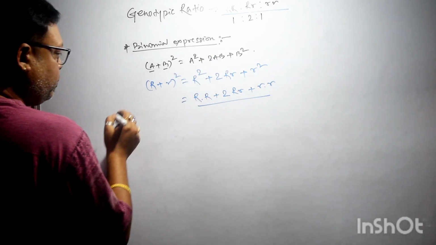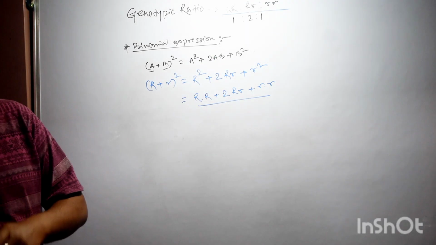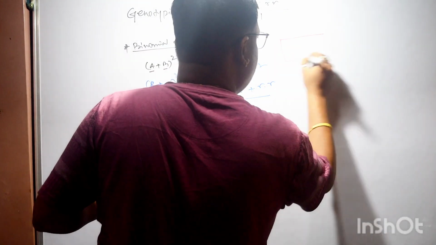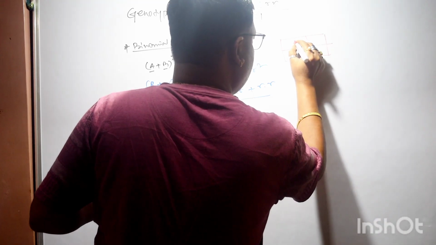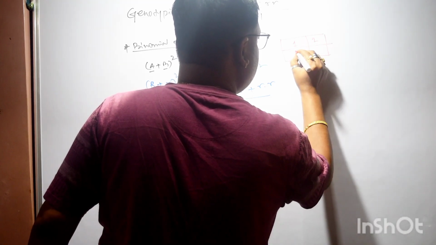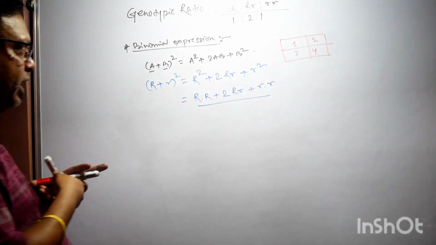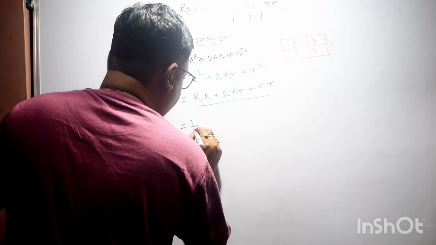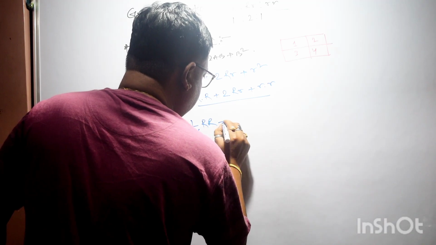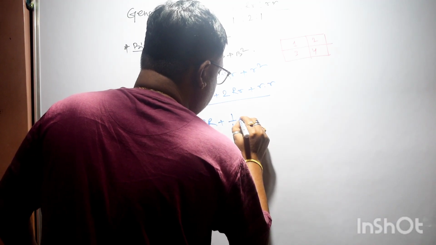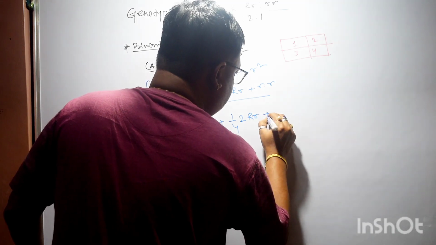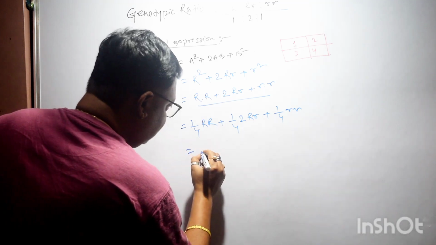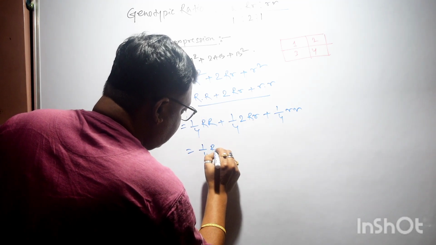Now in the square, you must be aware that we had 4 squares itself: 1, 2, 3, 4. Now if we divide the whole section, 1 by 4 capital R capital R plus 2 by 4 capital R smaller r plus 1 by 4 smaller r smaller r.